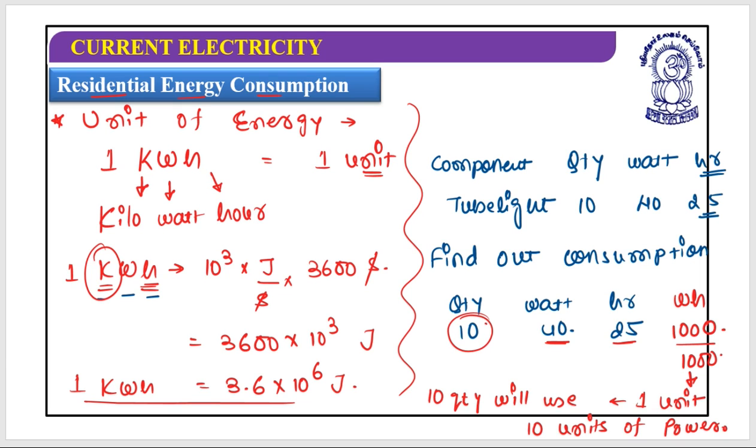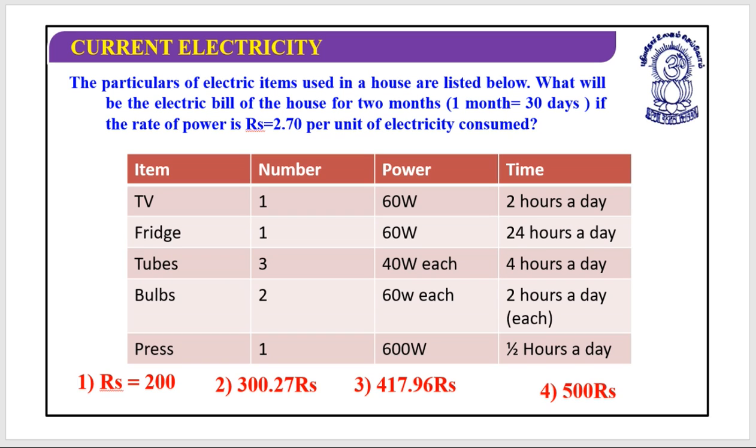Let's look at one question like this. According to the data, the particulars of electric items used in a house are listed below. What will be the electric bill of the house for 2 months? You need to consider each month as 30 days, if the rate of power is rupees 2.70 per unit of electricity consumed.